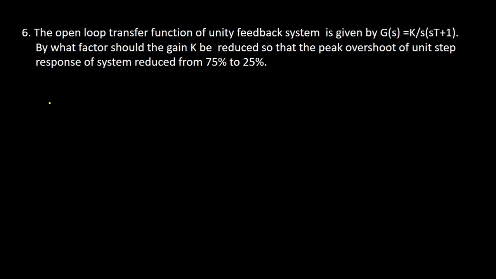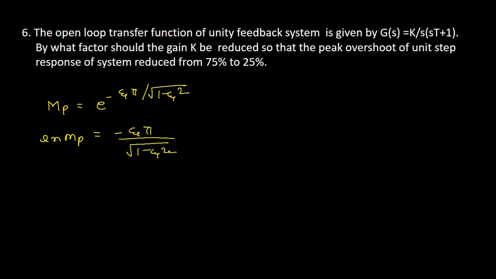We know that the maximum overshoot Mp is equal to e to the power minus ζπ divided by √(1 − ζ²). This gives ln Mp = −ζπ divided by √(1 − ζ²). Now when we square both sides, we get (ln Mp)² = ζ²π² divided by (1 − ζ²).